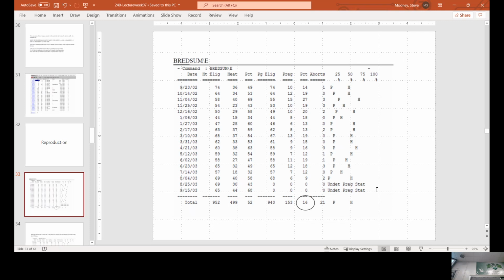16 is the average for this herd over recent months. Is that something we want to shoot for? No, we need to be up in the 20s. We need at least 10 points higher. So looking at this chart, what do you think the problem is?